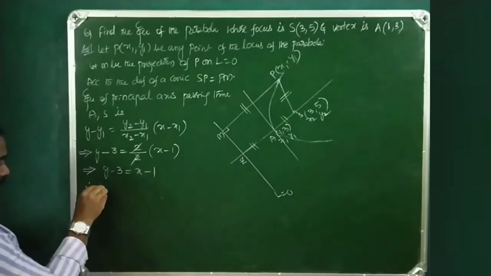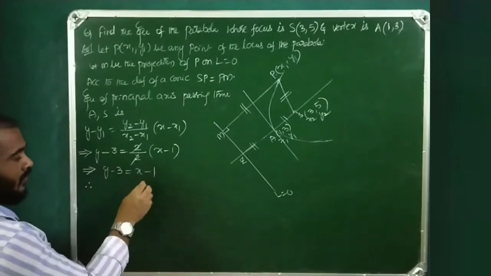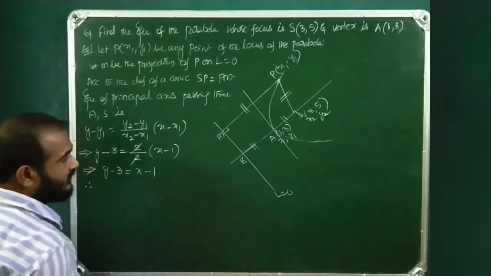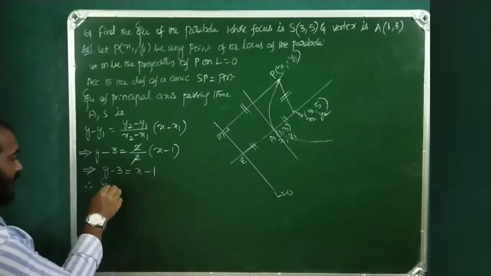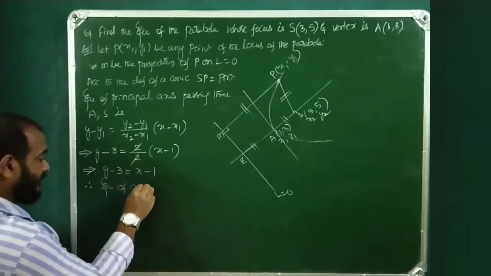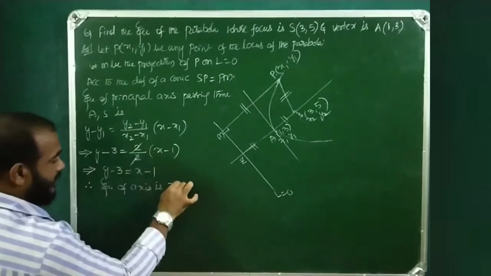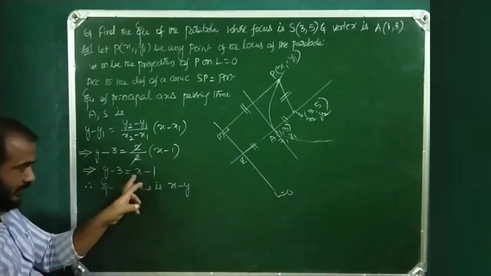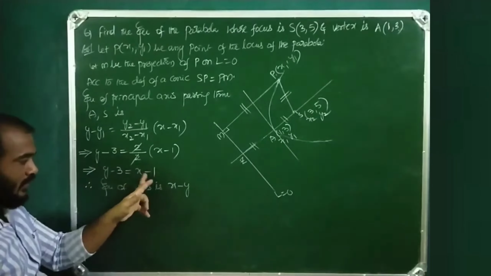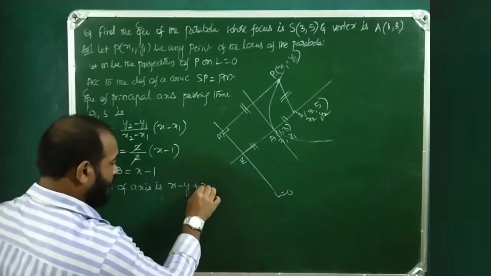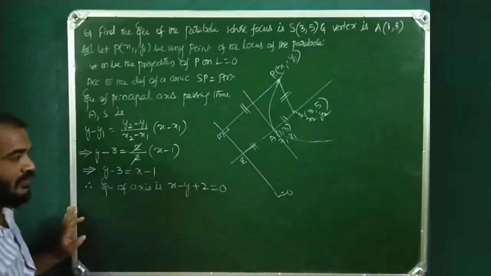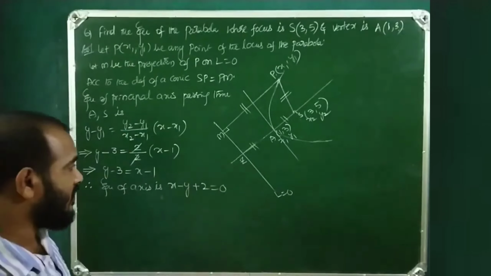Therefore, the equation of the axis is x minus y minus 1 plus 3, that is plus 2, equals to 0.